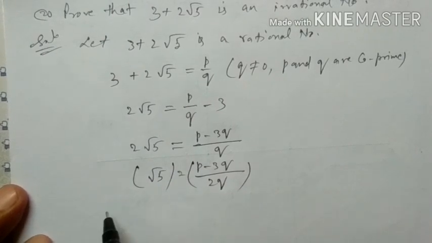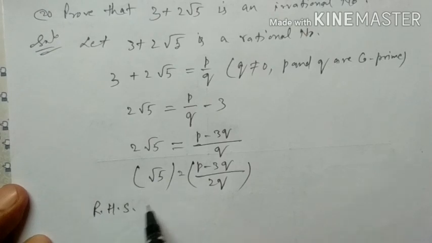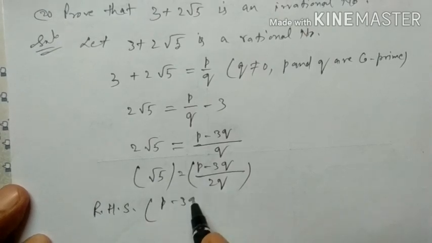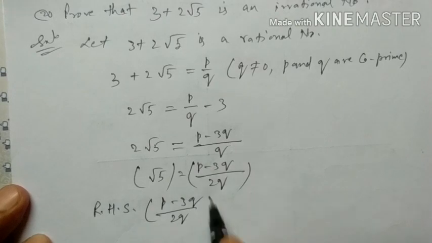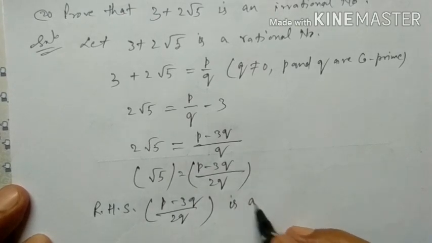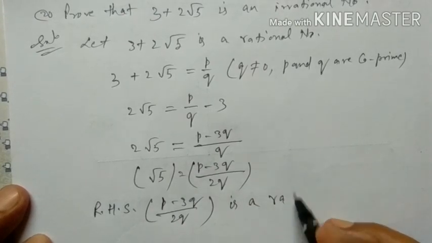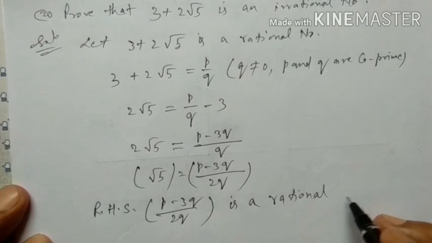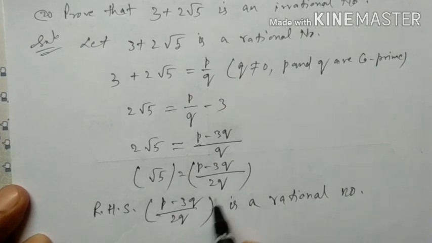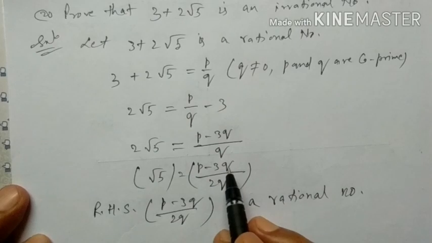Here we see that right hand side P minus 3Q upon 2Q is a rational number because P and Q are integer.